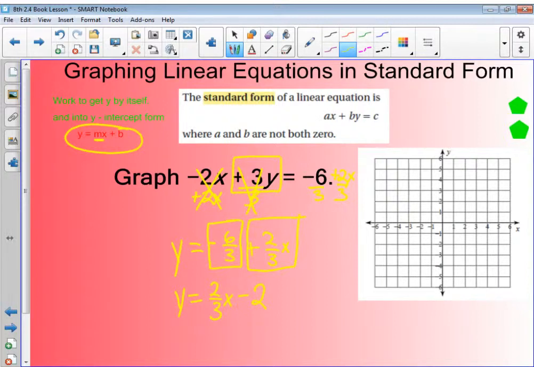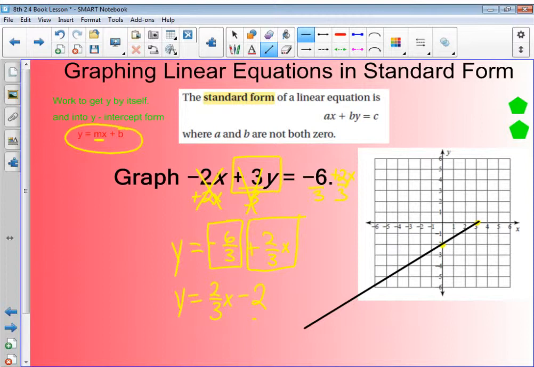Remember, our y-intercept will always be an integer, so we shouldn't have fractions or decimal numbers. So now I can graph this out. I'm going to go to negative 2 and put my dot, and then follow my slope. My slope is positive, so I'm going to go up 2, 1, 2, and to the right 3, 1, 2, 3. And then I'm going to draw my line through that.